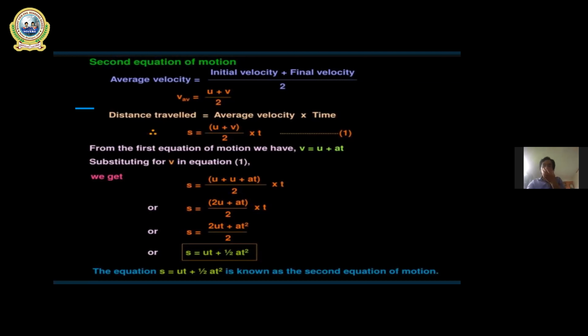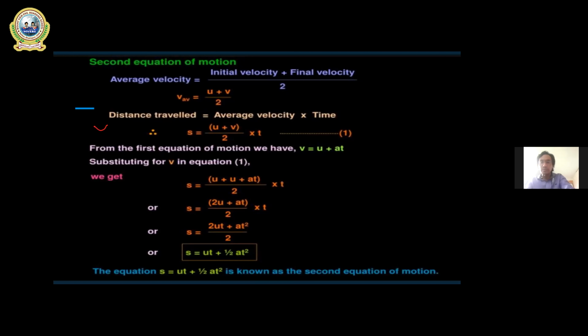Now, in another way of finding the average velocity, we can say displacement travelled, or distance travelled in a straight line, upon time. That means for the same average velocity we have another relation: average velocity equals displacement upon time. Here you can say distance travelled in place of displacement.